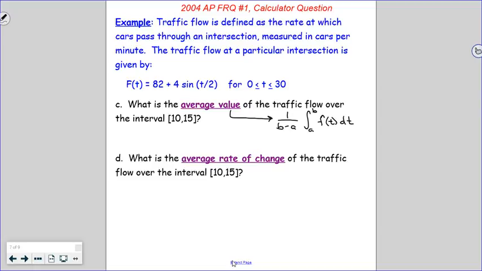So in this instance, the average value of our traffic flow function from 10 to 15 is 1 over 15 minus 10, and I'm getting that from the interval, times the integral from 10 to 15 of f of t dt. And again, we have to have the dt on there to set up a correct integral.